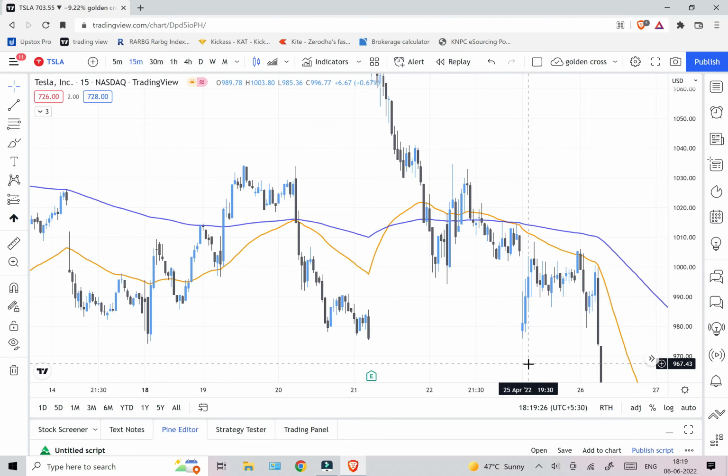Now what happens over here is, when we get a strong bullish candle cutting 50 moving average, you get a target of 200 moving average. That means you are going to buy. So the 200 moving average becomes the target for you.